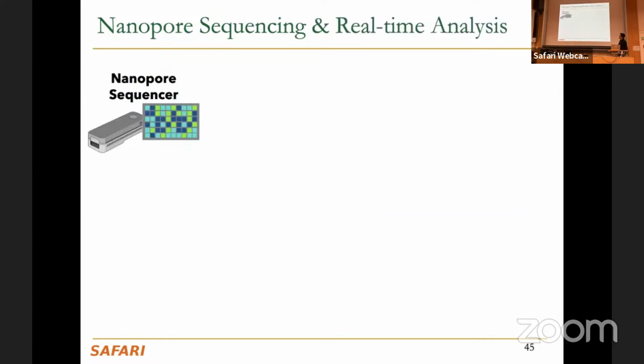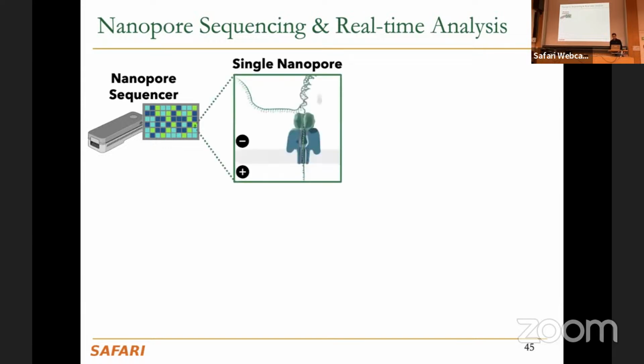This is how a portable nanopore sequencer looks, and inside it there are a few hundred to thousands of tiny pores. Each of them contains a three-layer solution, as I explained earlier. We have a negatively charged region, a positively charged region, and in the middle a membrane where the nanopore is attached.